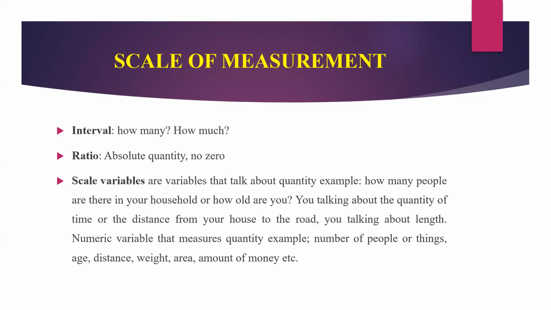You are talking about the quantity of time or the distance from your house to the road. You are also talking about length. Numeric variables that measure quantity. Example, number of people or things, the age of a person, distance from one place to another, the weight of an individual, an area of an object, an amount of money are all examples of scale measurement.